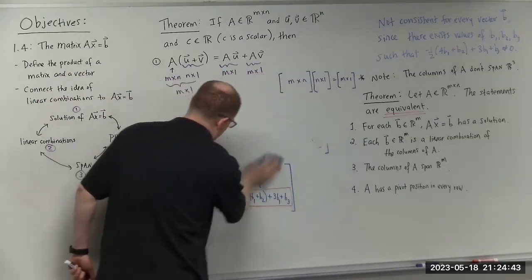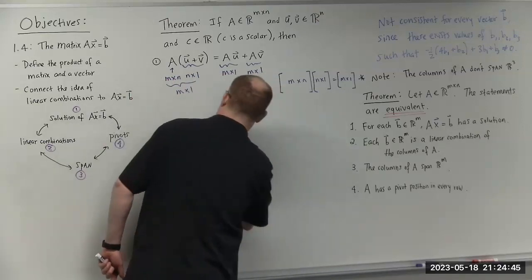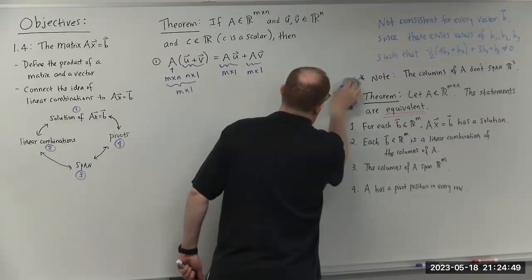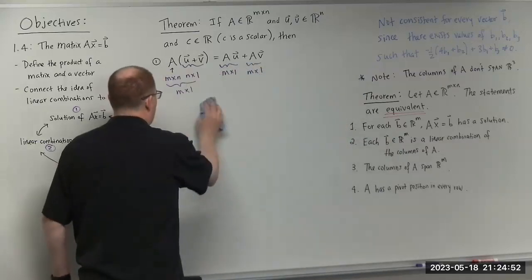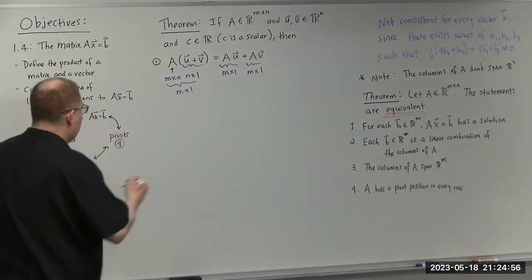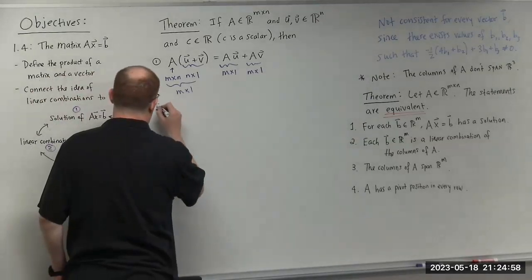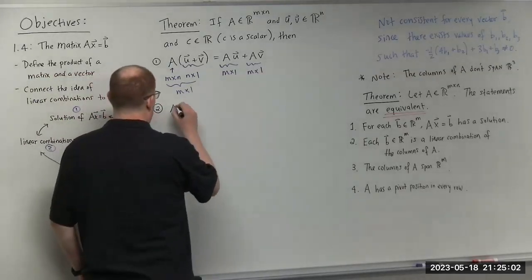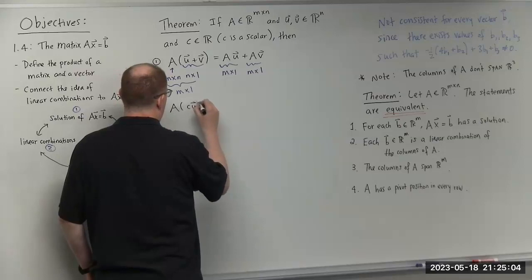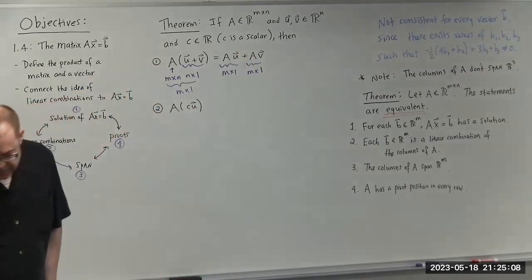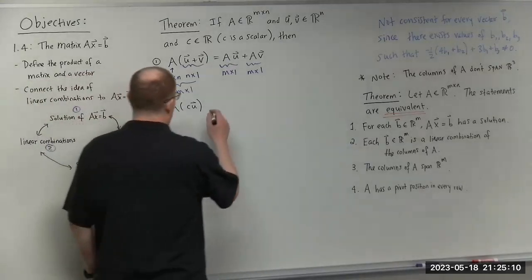All right, the second statement is related to the scalar. And that is, if we have A times C times U, and U is the vector we're assuming, what this says is that we can take the scalar outside.